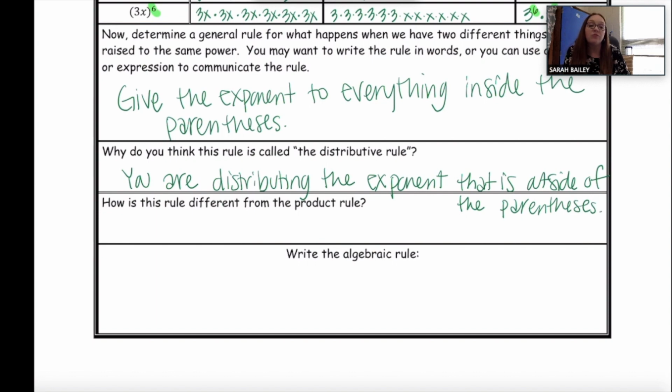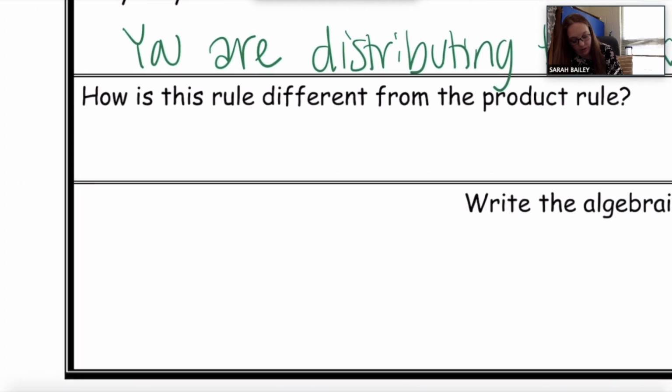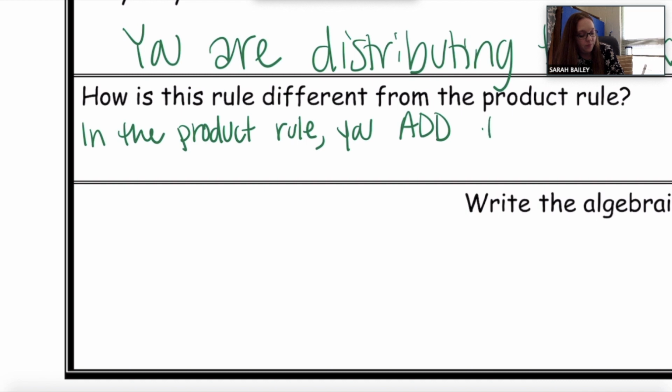And how is this different from the product rule? In the product rule, remember that you ended up adding your exponents, and that's not the case here. Okay, so I'm going to zoom in. In the product rule, you add the exponents.